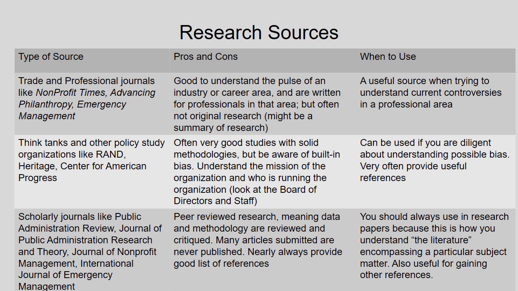They might, for example, consolidate a lot of scholarly work into an article. So lots of times it's not original research, but sort of a Reader's Digest version of research. But they're not bad, and especially in a profession, you probably should be reading those in your profession.